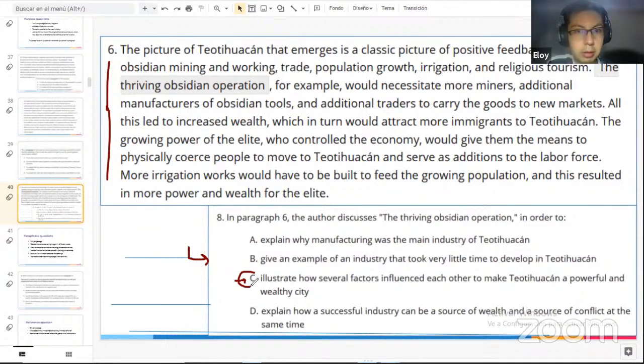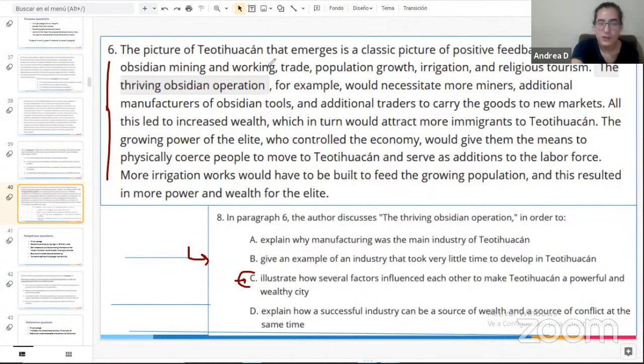I think because first, before the phrase, the author is talking about works that are made, a lot of works, and then it takes the example of the obsidian operation, and then he explains that it needs manufacturers, tools, a lot of things in order to do this operation.